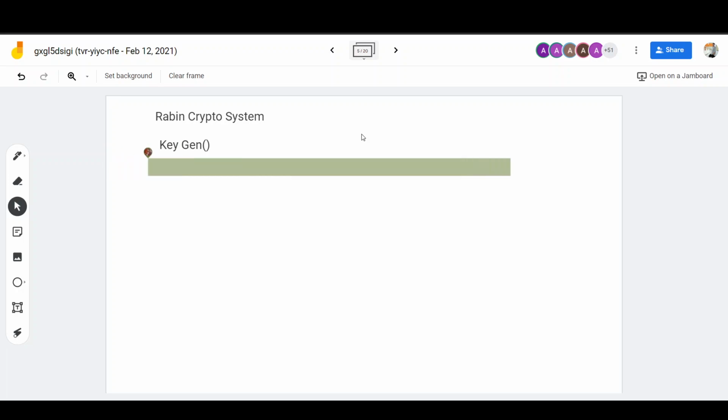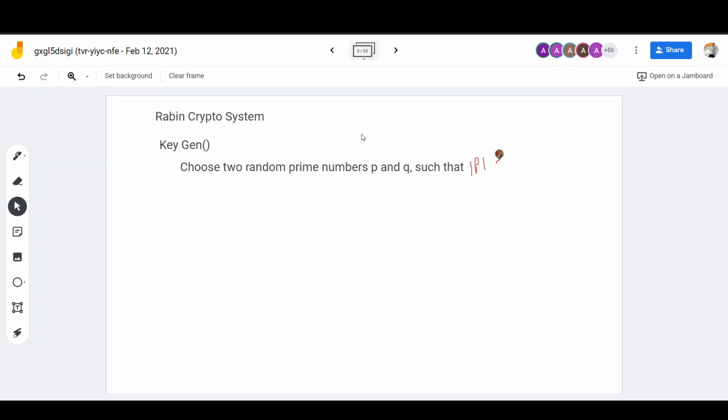You have to choose two random prime numbers, P and Q, such that the length of P is almost equal to the length of Q.